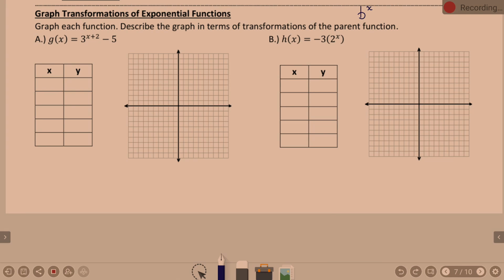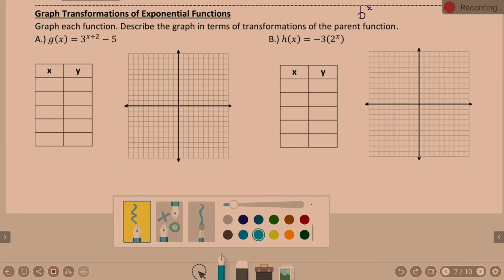And there's more over there if you need them, but what do we know? What is each number telling this graph to do? Where are we going to shift?